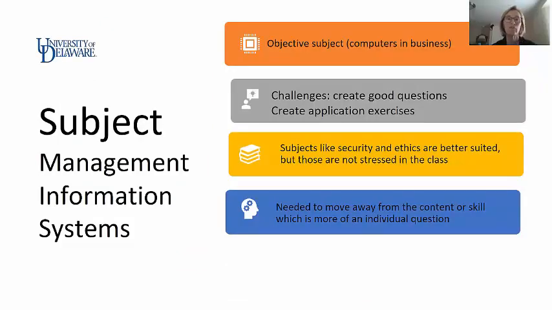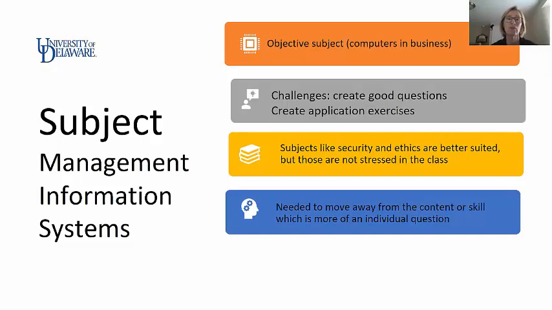So I teach management information systems, and for those of you that are not familiar with the subject area, it's basically computers in business. And it's very, very challenging to write multiple choice questions and really good application exercises.